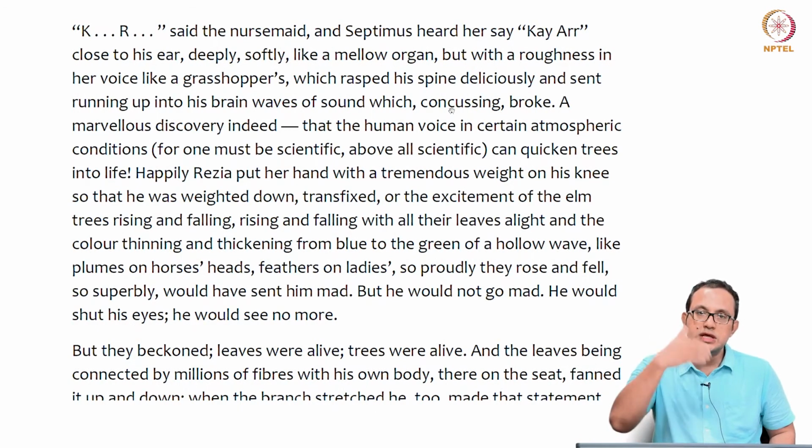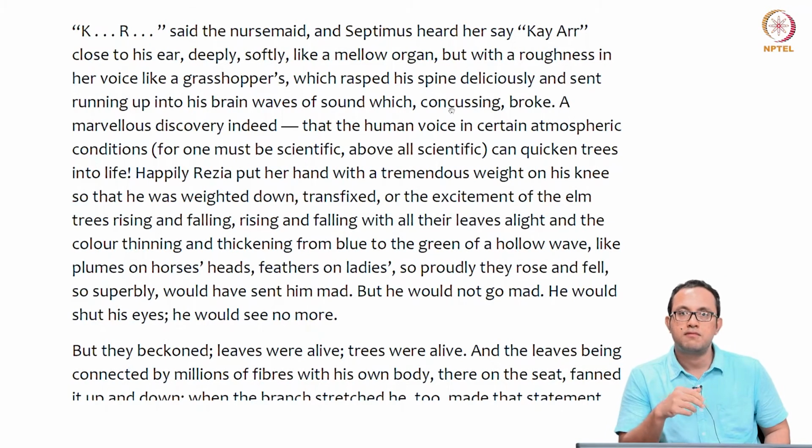So this shutting of eyes becomes a very symbolic cognitive strategy, a very symbolic cognitive maneuver on the part of Septimus, because he can't take it anymore, he can't process reality anymore, he can't cognize anymore. It's becoming too much for him. So this is what I meant when I said that this is an example of an interrupted subject who cannot function corporally, who cannot function cognitively, who cannot take in, who cannot absorb reality, who cannot cognize reality.